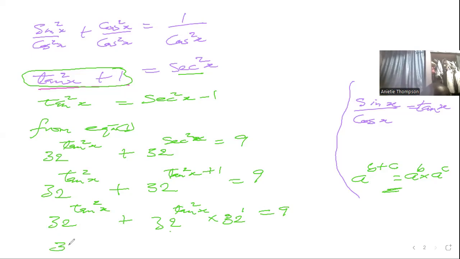I'm going to factor out 32 raised to the power of tan square x, and if I do that, I have 1 plus 32 raised to the power of 1, which is still equal to 9. So we have 32 raised to the power of tan square x times 1 plus 32.